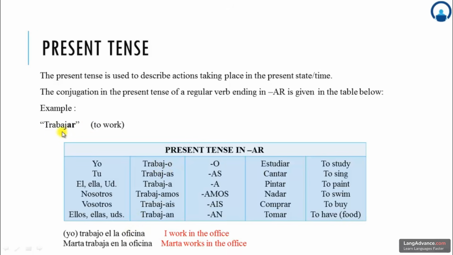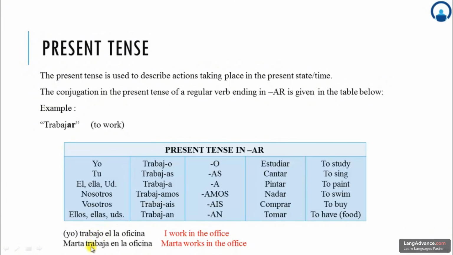If I write yo trabajar, it is wrong because I have not changed the verb. So if I want to say I work in the office, I have to say trabajo en la oficina. So this is not trabajar, it is changed as per the conjugation into trabajo.